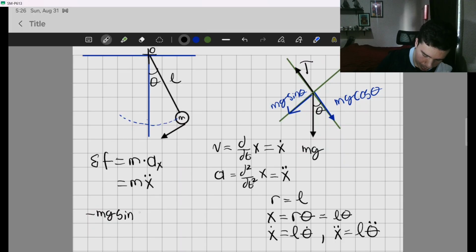sine theta. Okay, will be m, and our substitution right here, L theta double dot.